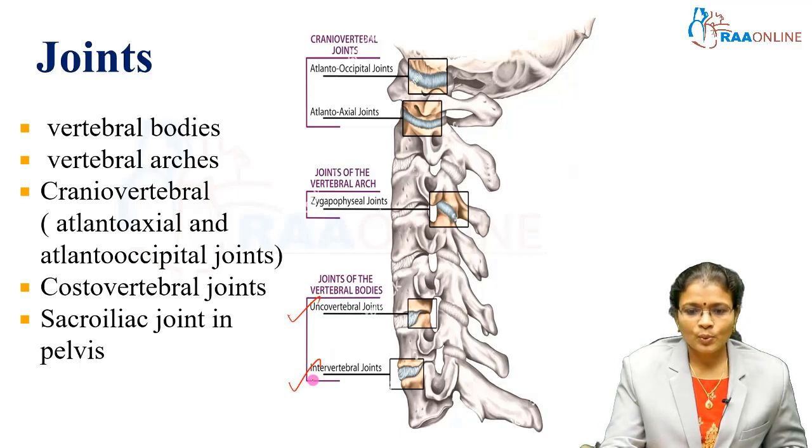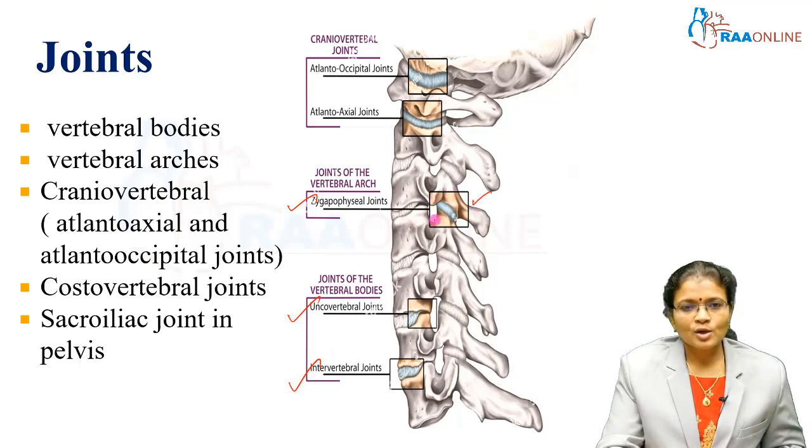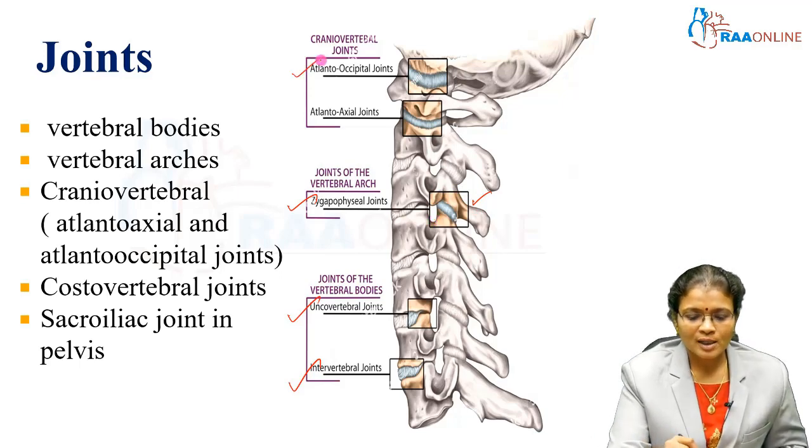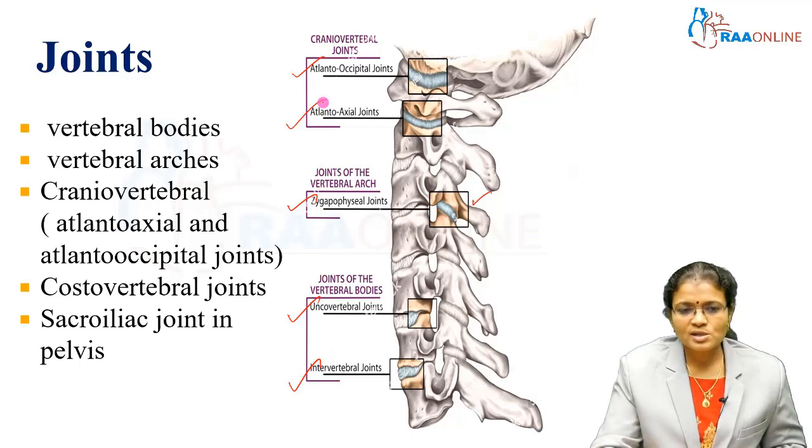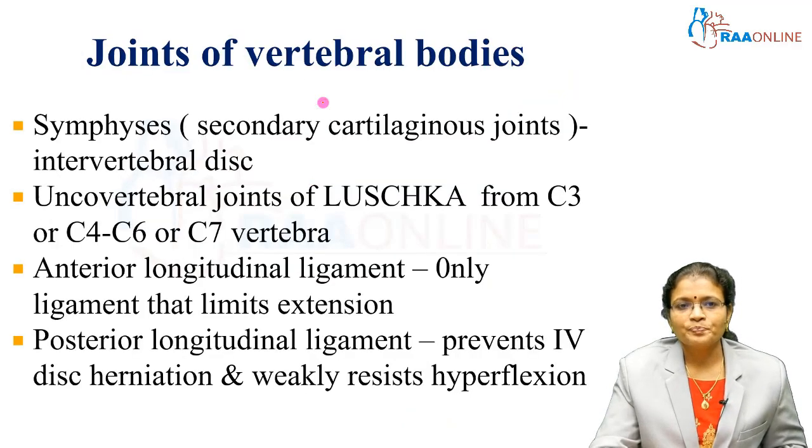The joints of the vertebral arch are between the superior articular process and the inferior articular process, called the zygapophyseal joint. Craniovertebral joints are the atlanto-occipital and atlanto-axial joints. The sacroiliac joint is where the sacrum articulates with the ilium on either side.